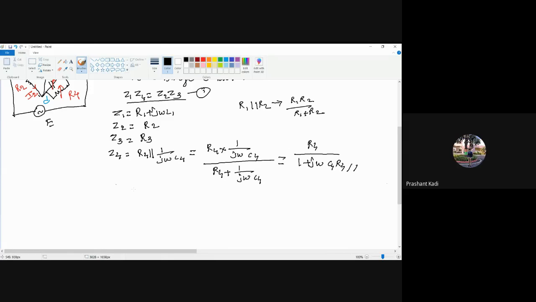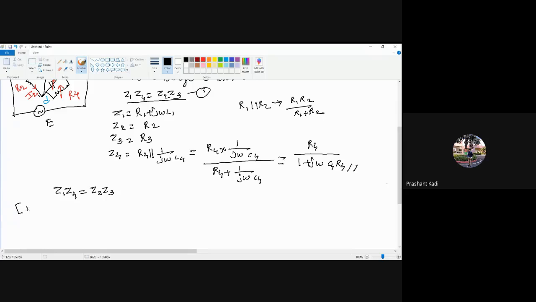Okay, so let us substitute all the impedance values in the balance equation. Z1 Z4 equals Z2 into Z3. Substitute the values of Z1, Z2, Z3, Z4.